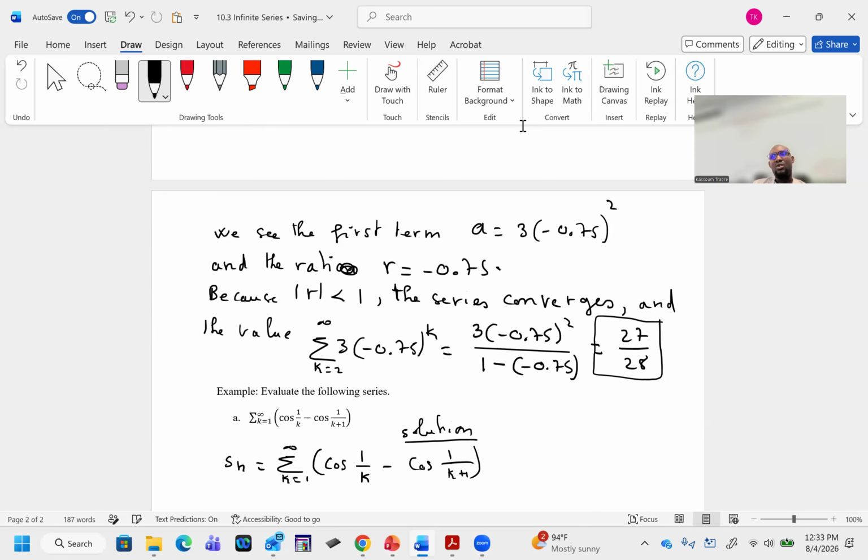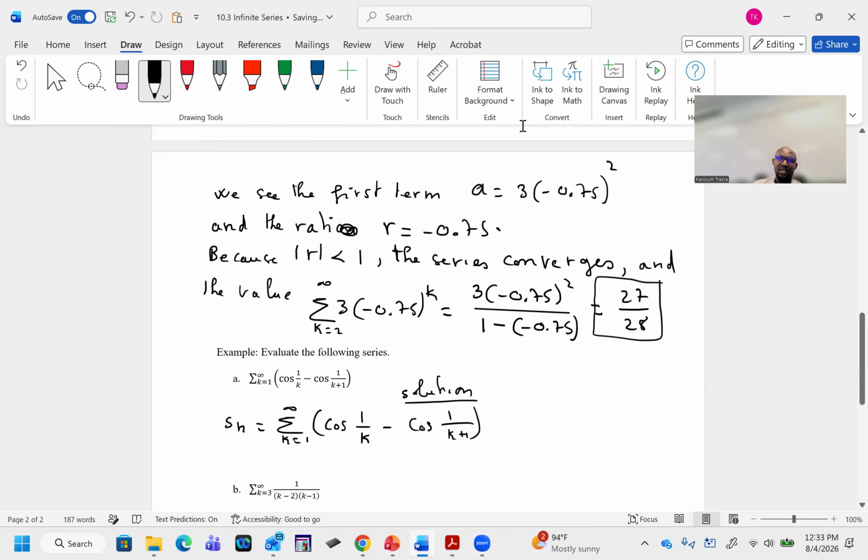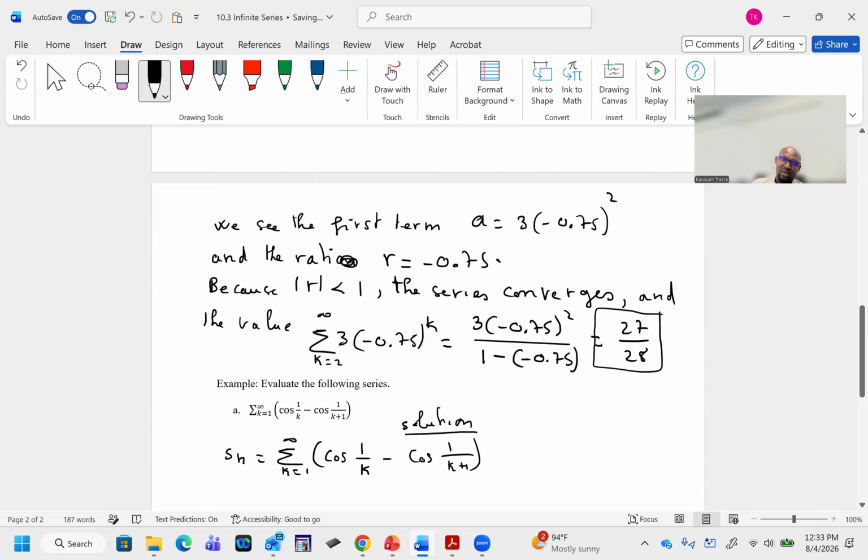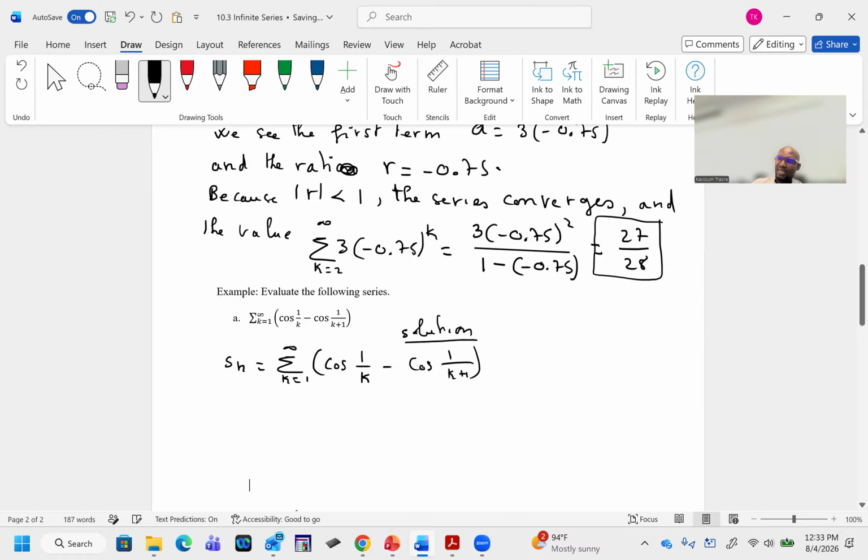So, it's always good to write the first few terms, because from there you will know what you will have. So let's use this sum.